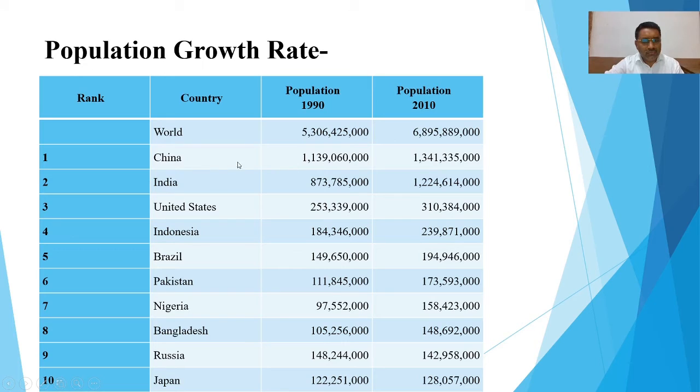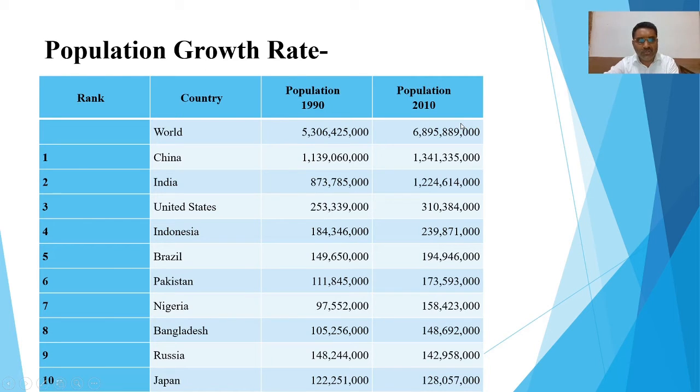Similarly, here is the population of China, India, United States, Indonesia, Brazil, Pakistan, Nigeria, Bangladesh, Russia and Japan. These are the values of population in 1990 and in 2010. So how much increase there is during these 20 years we have to calculate.